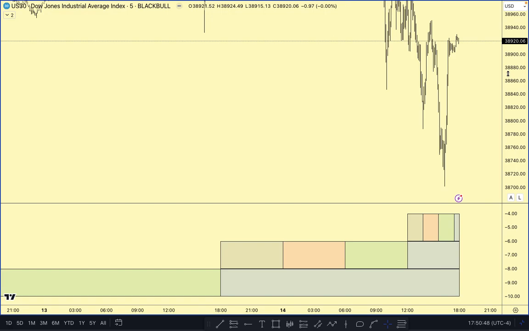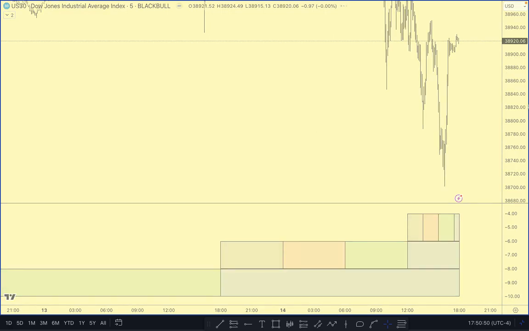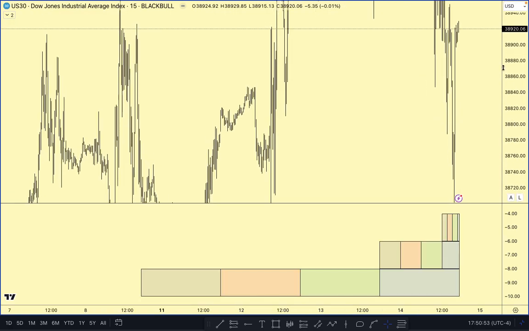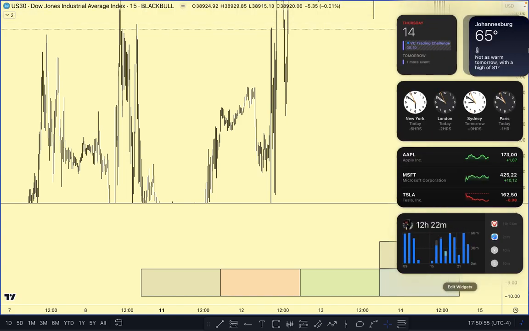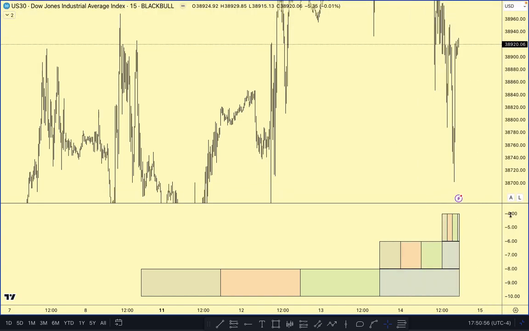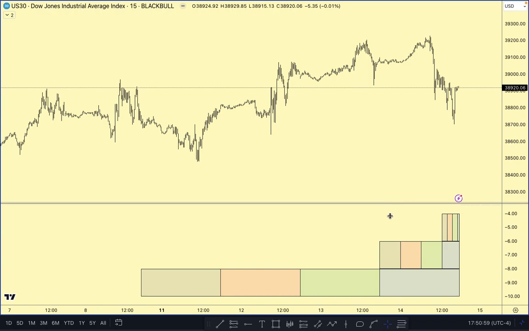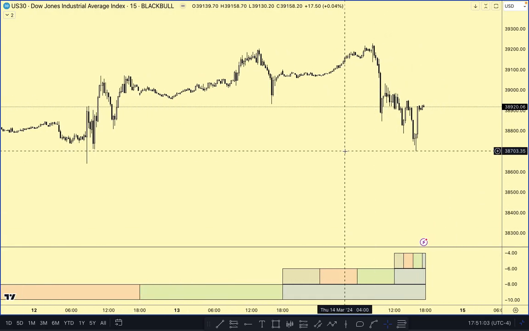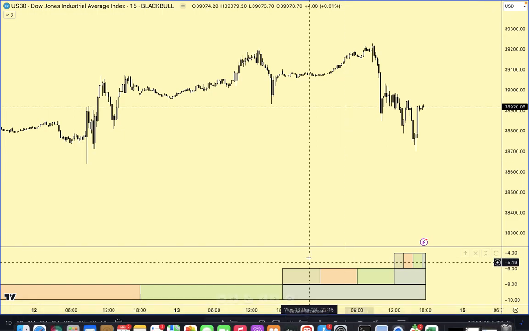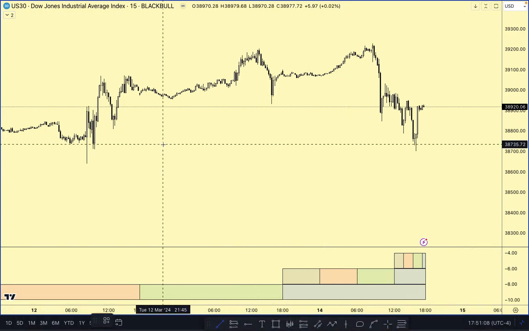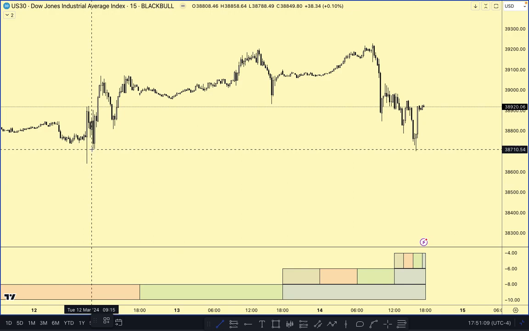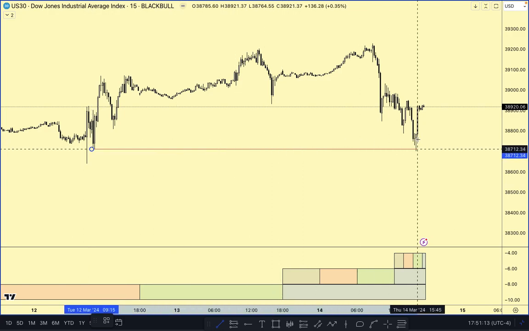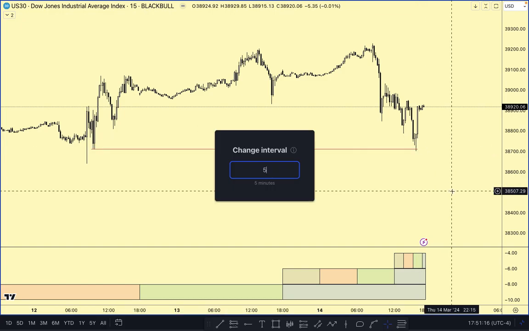I'm gonna go to the 15 on the Dow, just to see what we have going on, really. Looks like the Dow is also a turtle soup situation where we took out sell side liquidity. Plot that there, go to the 5 minute.